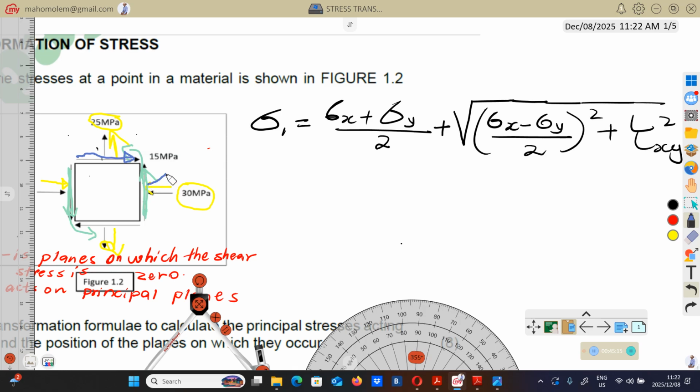So this is anti-clockwise, then there must be what we call complementary shear stress in the opposite direction.